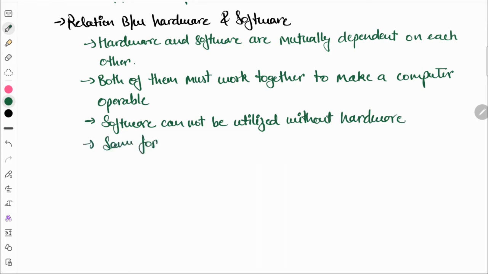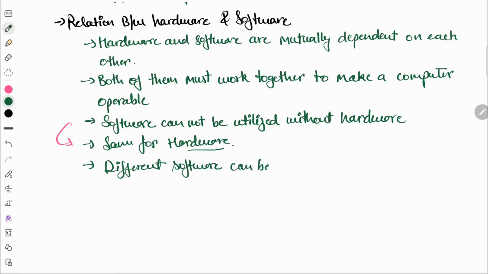Same for hardware: without software, we cannot utilize hardware. Different software applications can be loaded on hardware. Hardware is a one time expense.